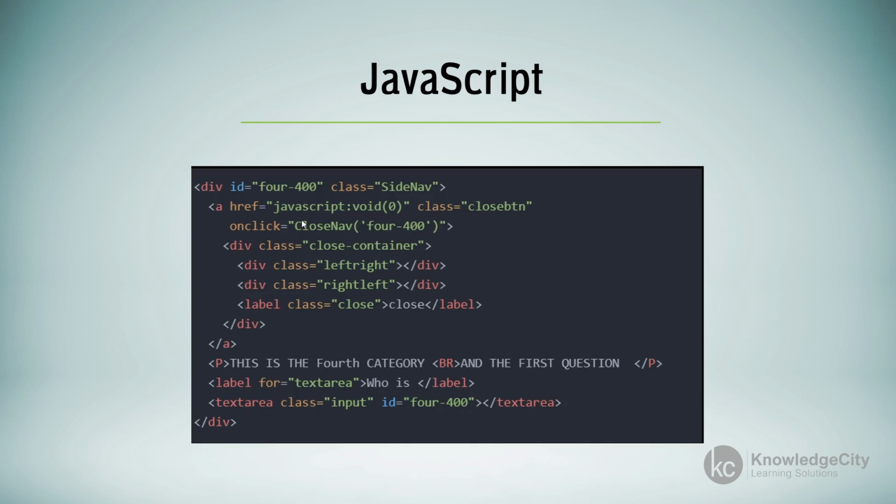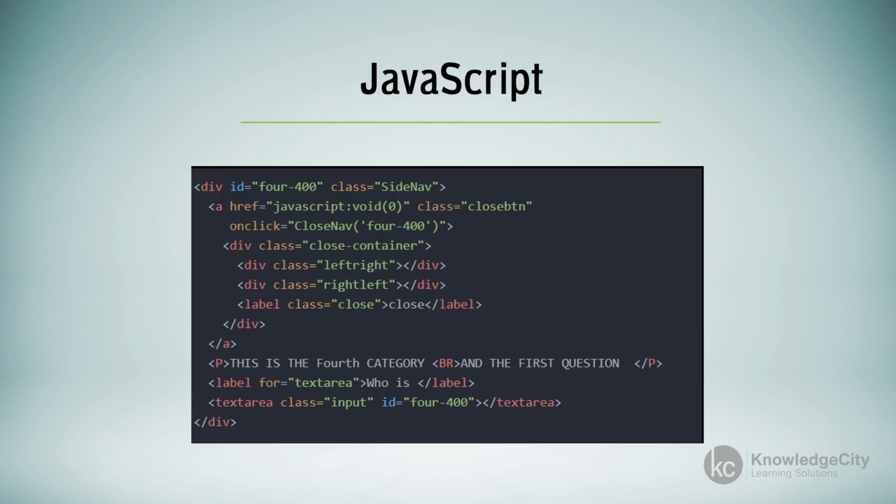What you'll notice is this piece right here that says href JavaScript void 0. This is a common technique that is used for hyperlinks when we're using JavaScript. We don't want the page to be refreshed, so we tell the browser that there really is nothing to do even if someone clicks on a hyperlink.